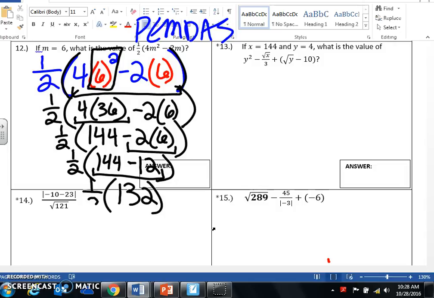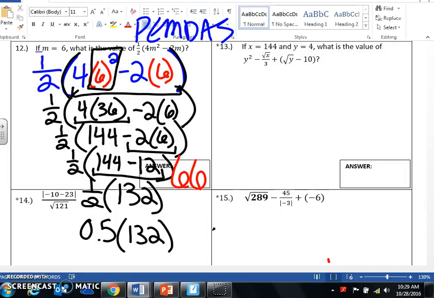Now, once again, I've said it, multiplying by 1/2 is the same thing as dividing by 2. Or you could just say 1/2 I know is 0.5. So I'm going to multiply 0.5 times 132. It's up to you how you do that. I'm good with either way, but ultimately the answer is 66.